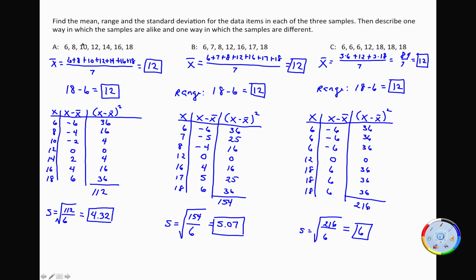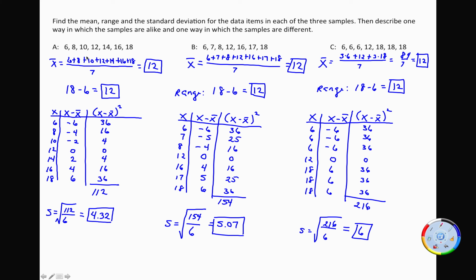I don't have any as close as like the 10 and the 14. But over here with the larger standard deviation, they're all 6 points away from the mean, every last one of them. So these are spread out farther from the mean than these, and these are spread out even farther from the mean than these.